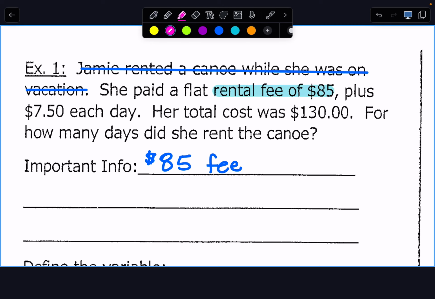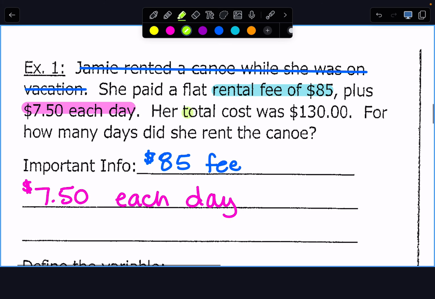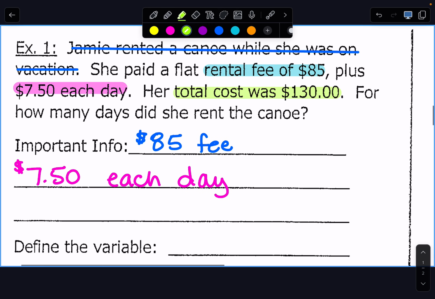What else is important? $7.50 each day. Okay, what else is important? Something else we need to write down, Ellie. Total cost of $130.